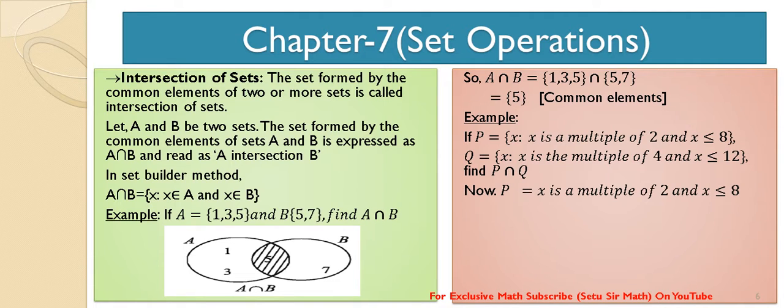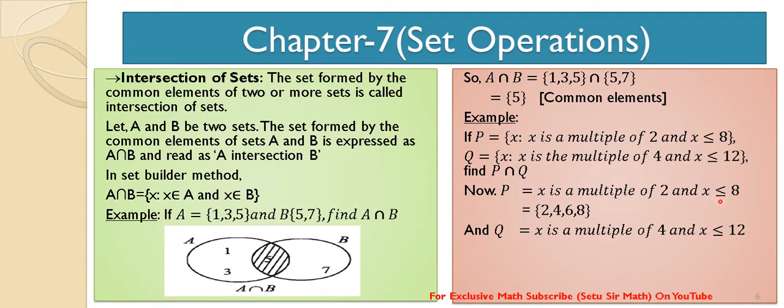So now P, x is a multiple of 2 and x is less than or equal to 8. That means the elements are multiples of 2 and not more than 8. That means 2, 4, 6 and 8. Why do we take 8 in here? Because in here you can see this is x less than or equal to 8.